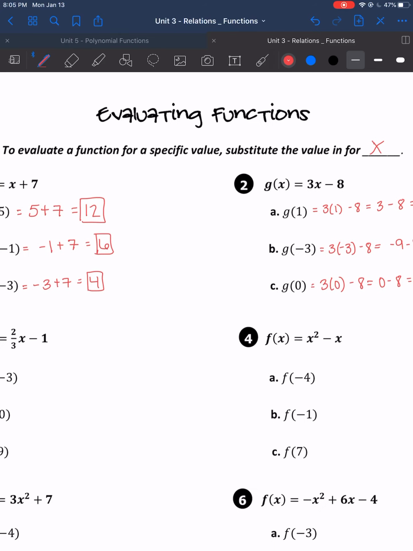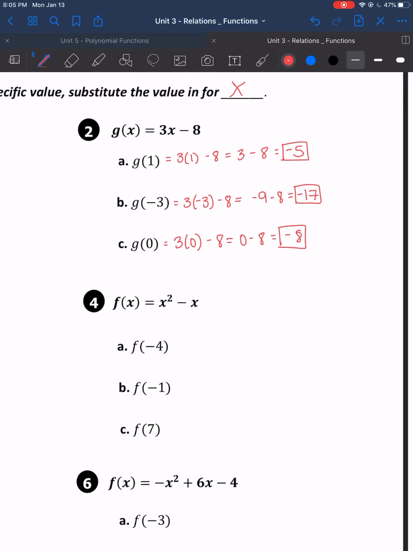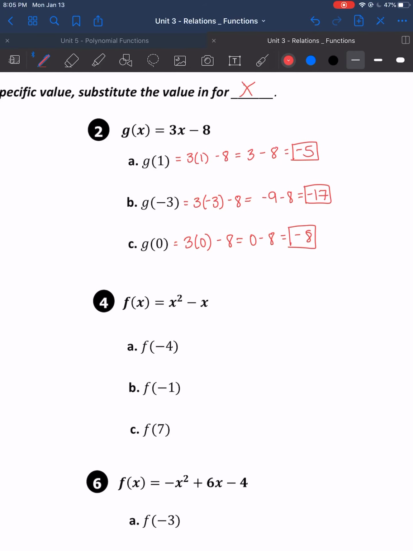Moving right along, I'm going to leave 3 for you to do, and then I'm going to move over to number 4. This one's a little bit different than the first two we did, because there are 2 x's. All that means is I'm going to plug in x twice. This negative 4 is like an x.